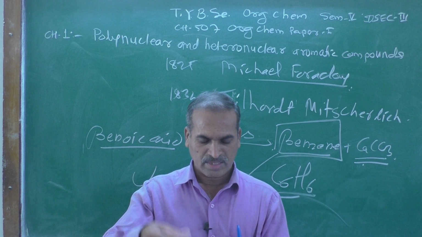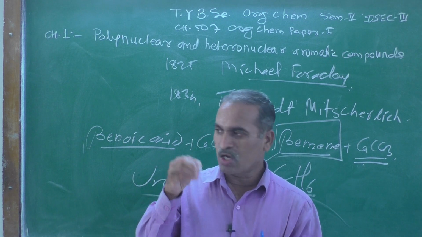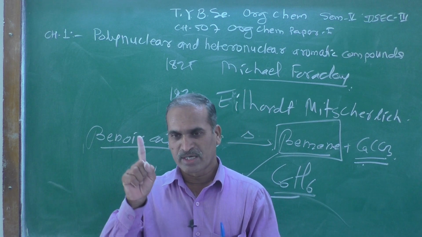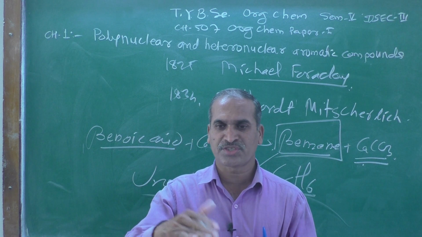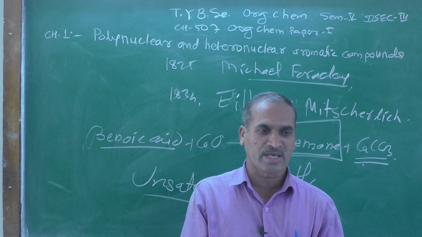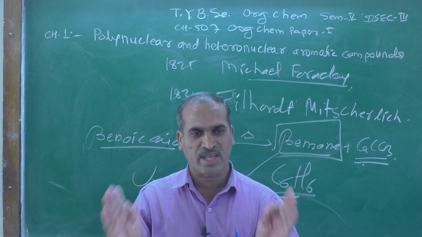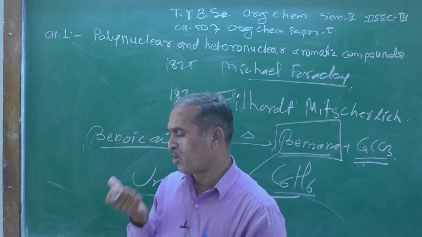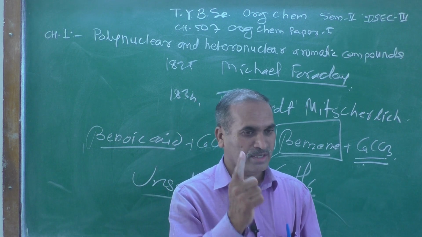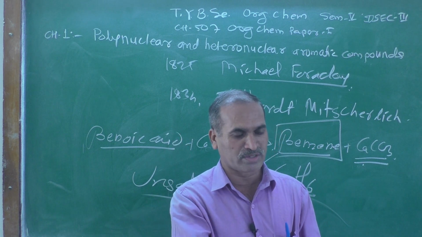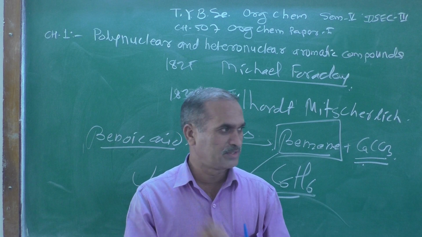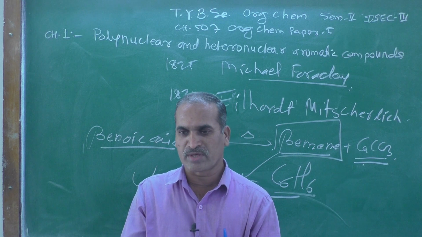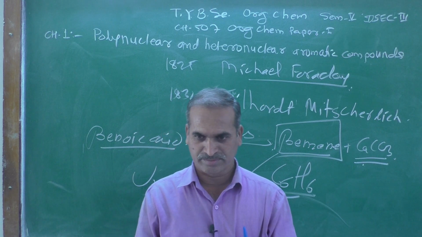When it is added in a test tube, if you shake it and the color of the bromine changes, it means a reaction is taking place, and the original brown color of the bromine disappears. Then you can infer that the given compound is unsaturated in nature.